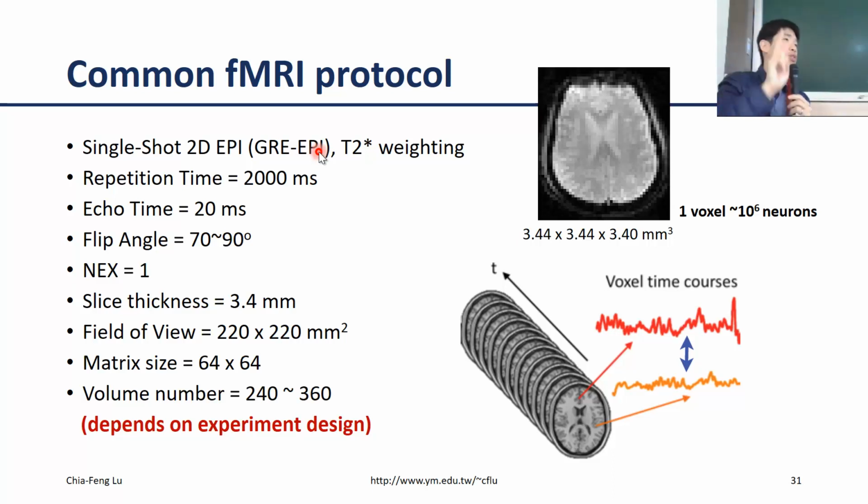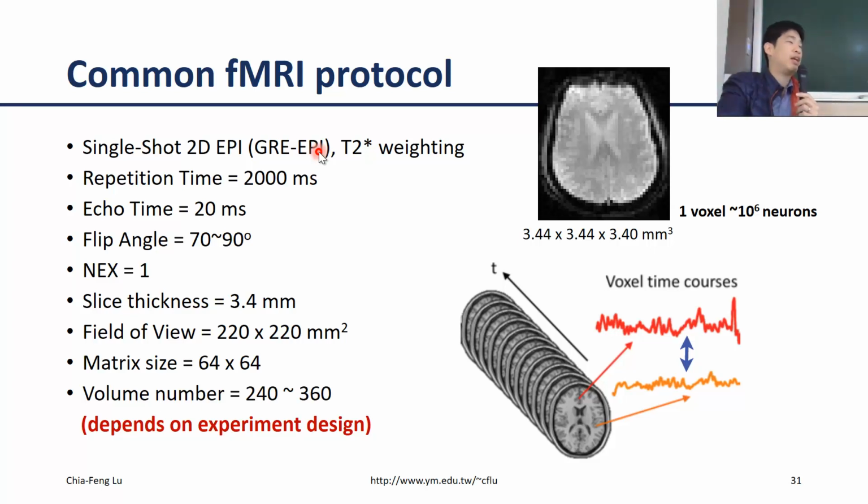You can image your brain once. When you try to see the whole temporal profile of the BOLD signal, you definitely need to repeatedly image your brain. Just like a video, you need to take photos repeatedly and concatenate all the images together, and it becomes the video.